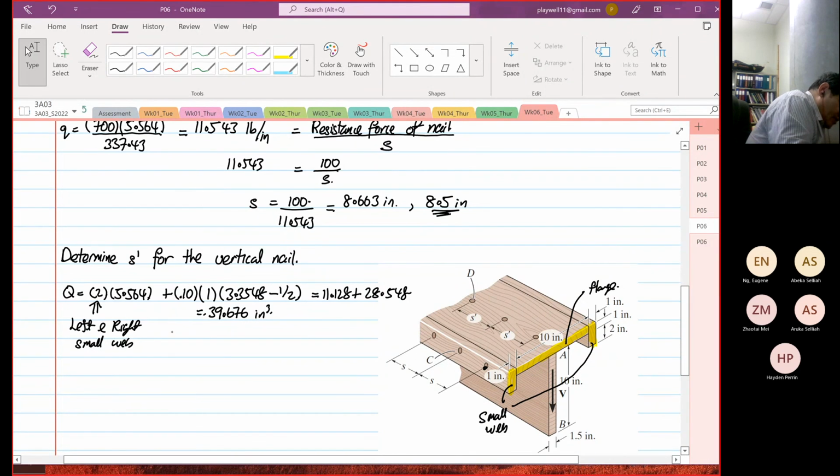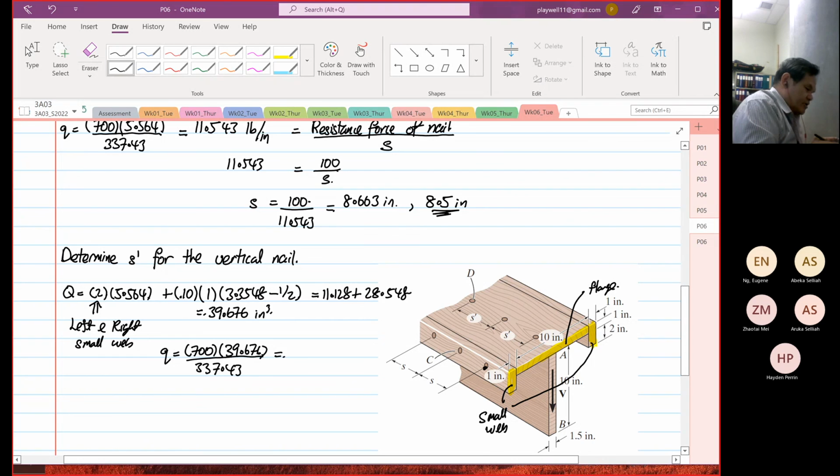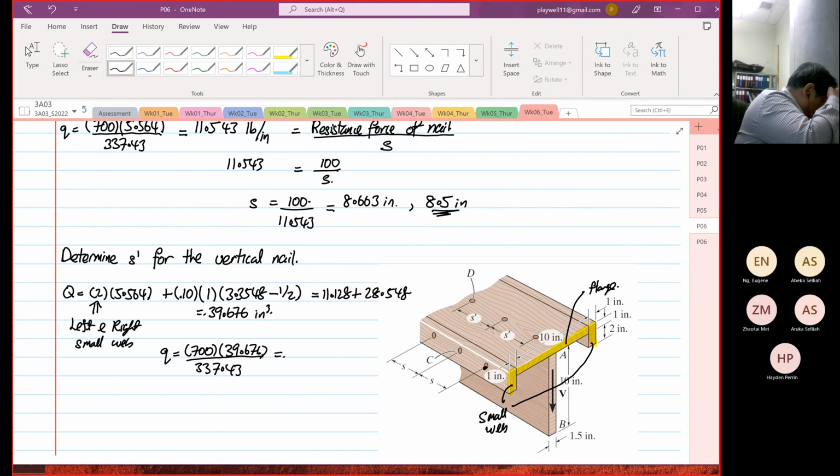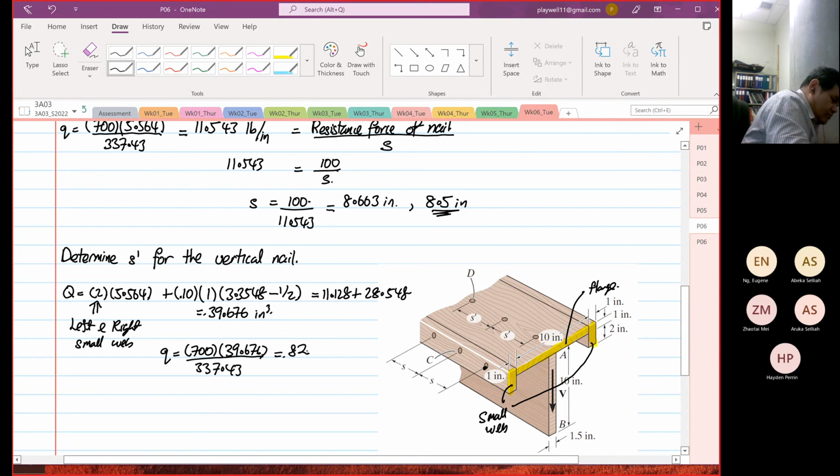So finally, still the same thing, Q is equal to 700 multiplied by 39.676 divided by the second moment of area. So this is equal to 700 times 39.676 divided by 337.43, which is equal to 82.308 pound per inch.